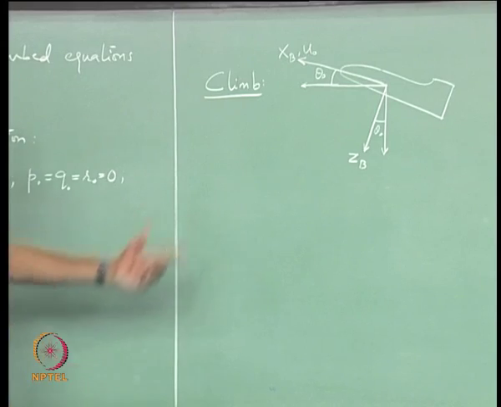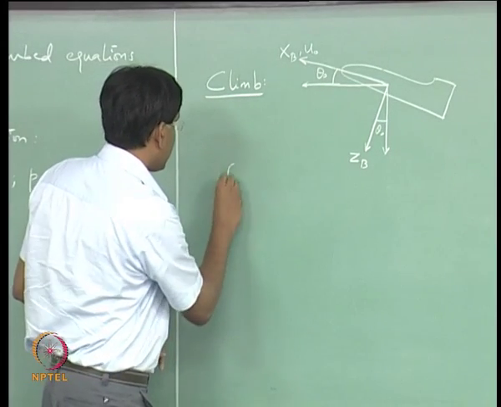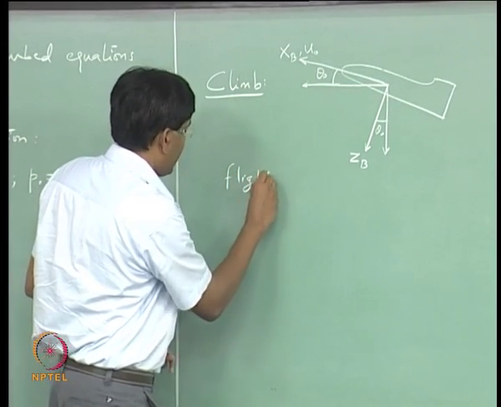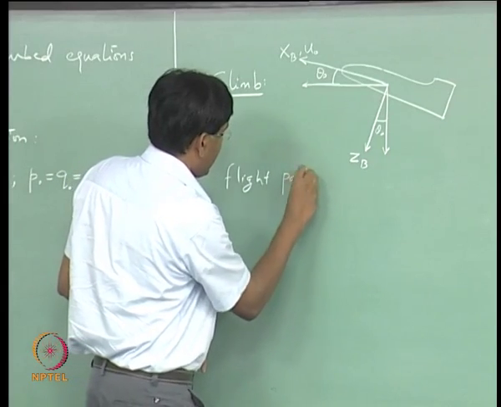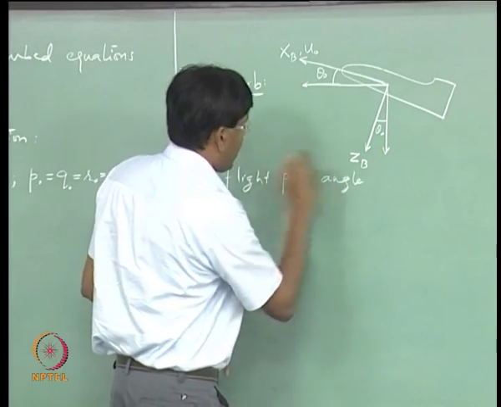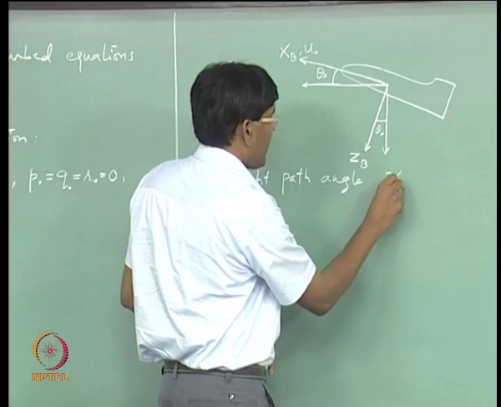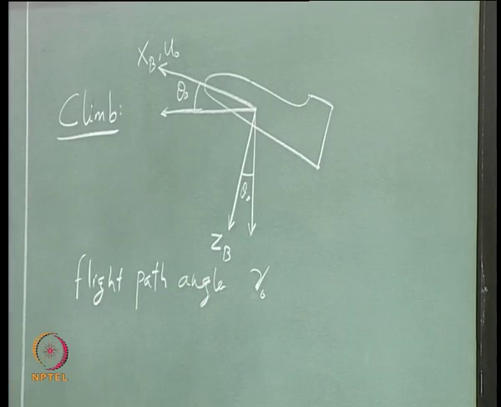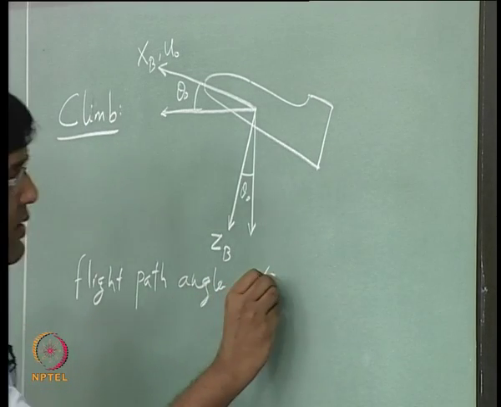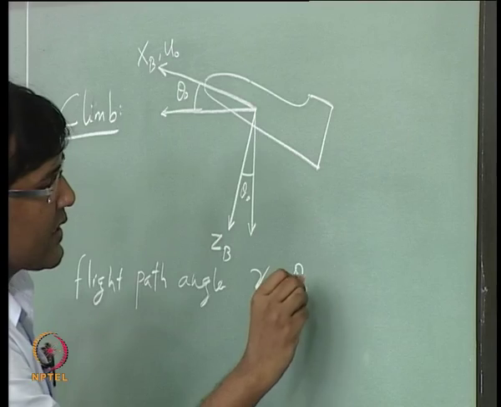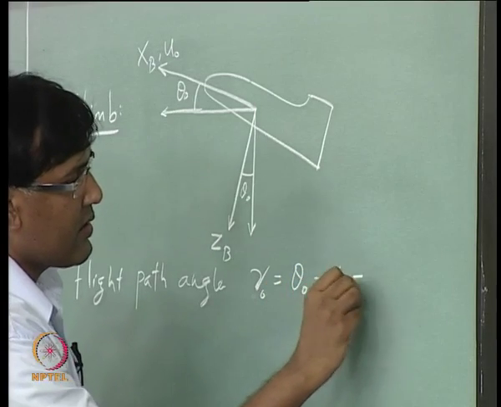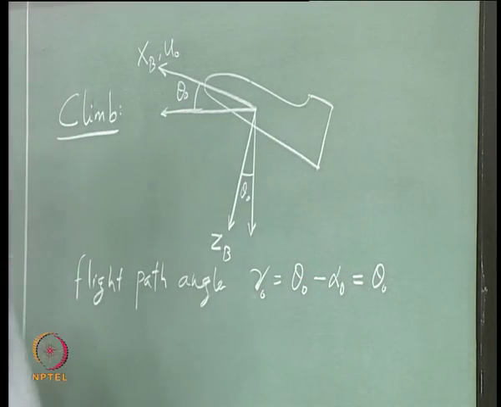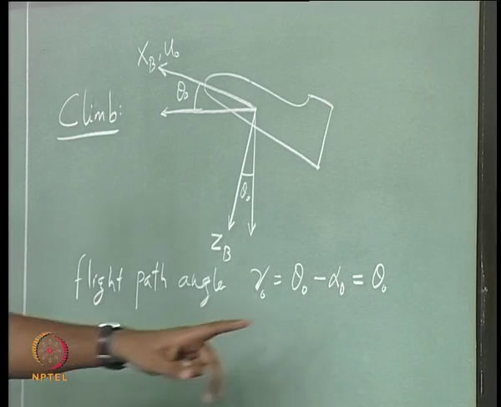In this case, your flight path angle, and that is a steady flight path angle because we are talking about a steady state condition, an equilibrium flying condition, is nothing but theta naught minus alpha naught, which is theta naught, because alpha naught is 0.